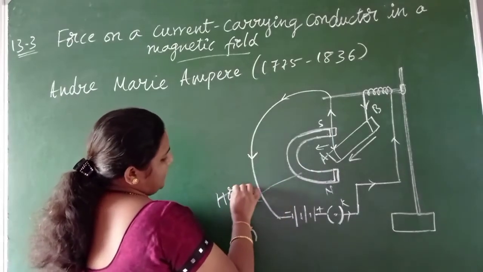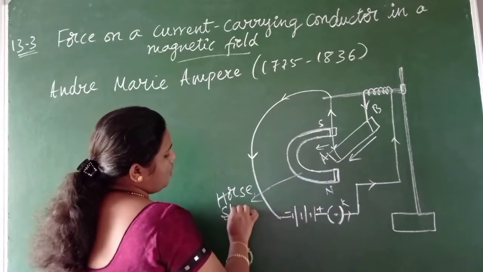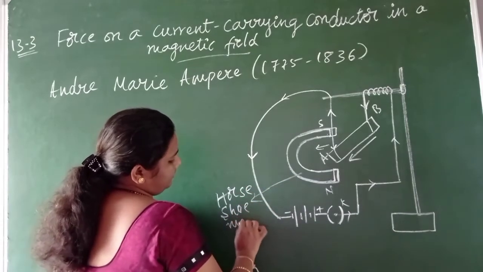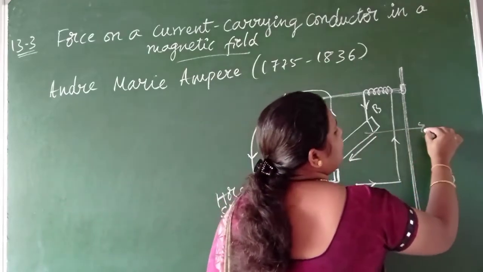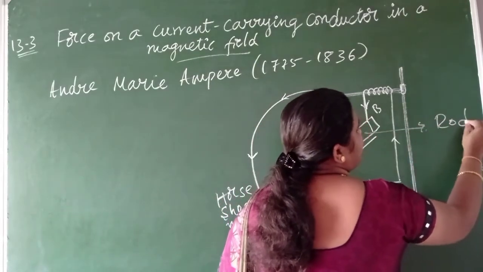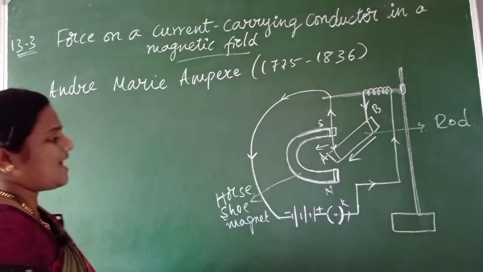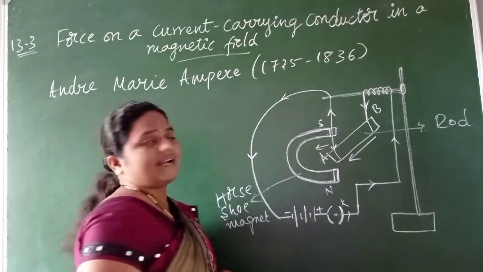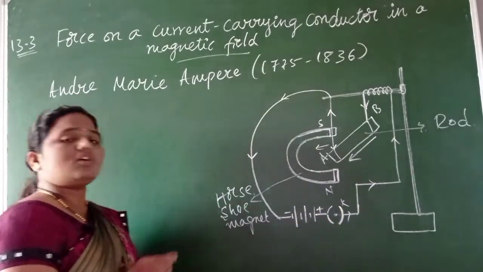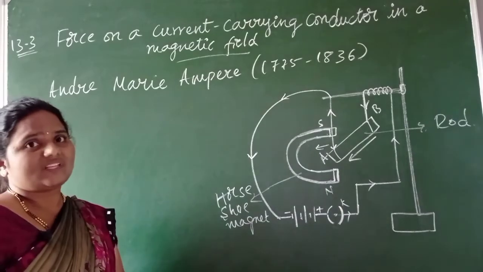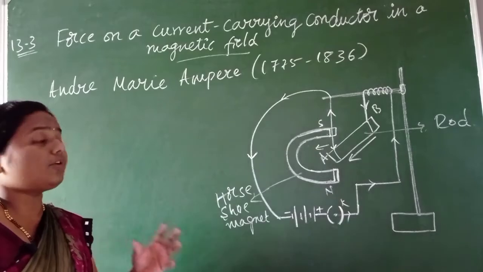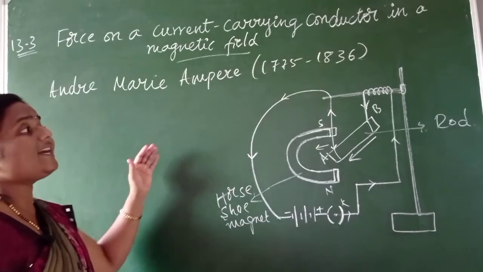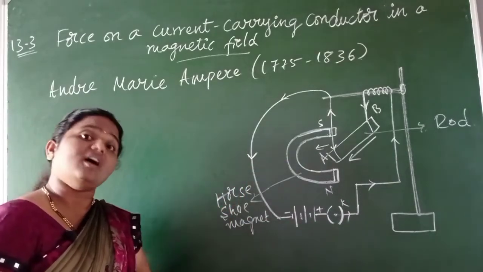Horseshoe magnet, isn't it children? And this is the aluminium rod. Then we want a battery and a plug key. After taking all these materials, we want to connect and make a simple setup as shown in the figure.